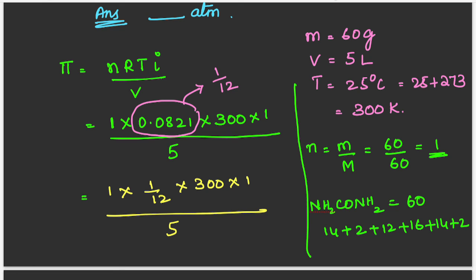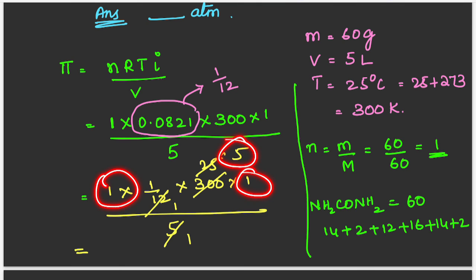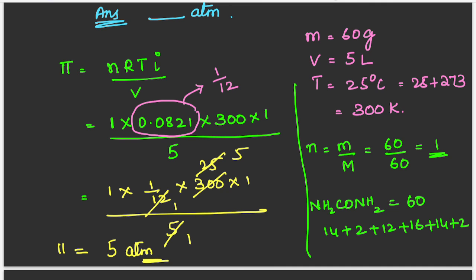See, within a few seconds we can calculate now. 12 ones are 12, 12 twenty-fives are 300, 5 ones are 5, 5 fives are 25. So multiply 1 into 5 into 1, which is equal to 5. So the answer is 5 atmosphere. So the pi value is 5 atmosphere.